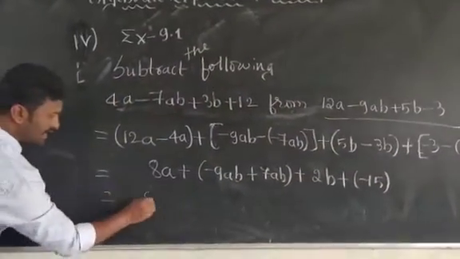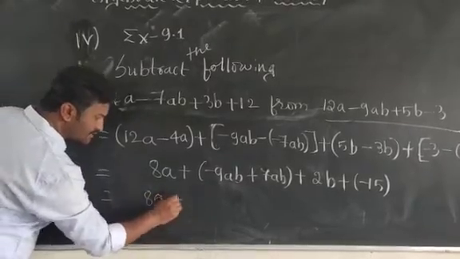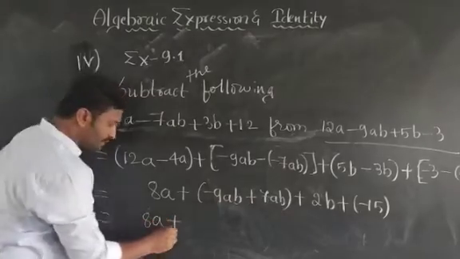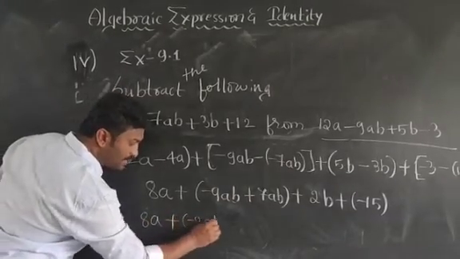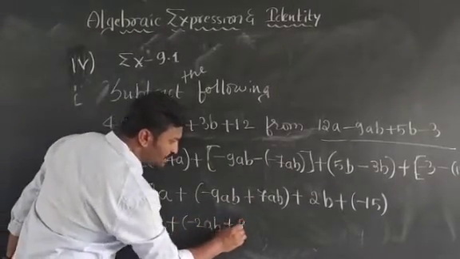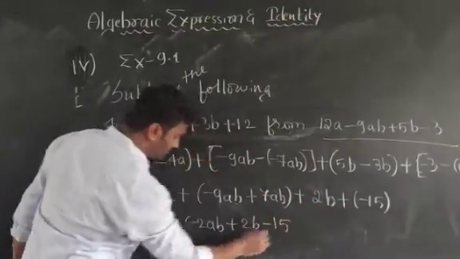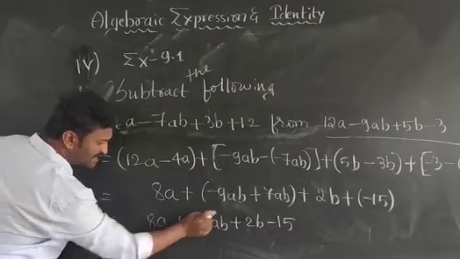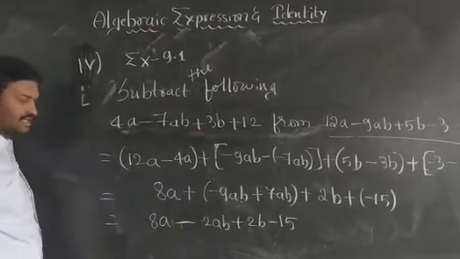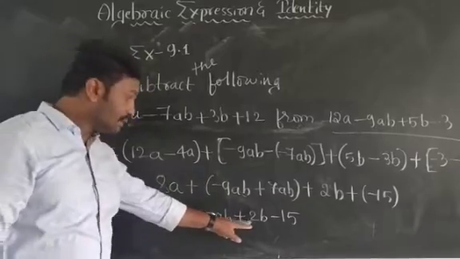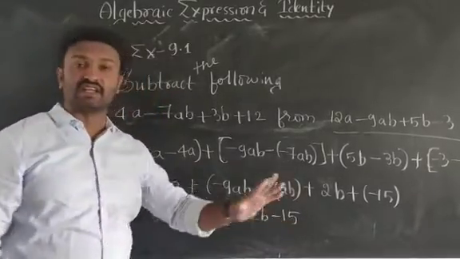Then next, 8a as it is, minus 2ab plus 2b, and then minus 15. Then the answer is 8a minus 2ab plus 2b minus 15.